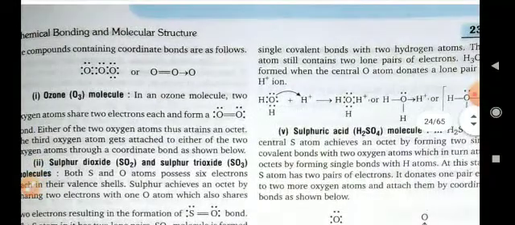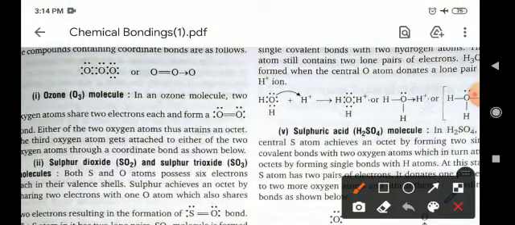There are some examples in which a coordinate bond is formed. For example, in O3, between these two atoms there will be a covalent bond, but between these two atoms there is a coordinate bond, because this atom transfers 2 electrons to the other atom to complete its octet.